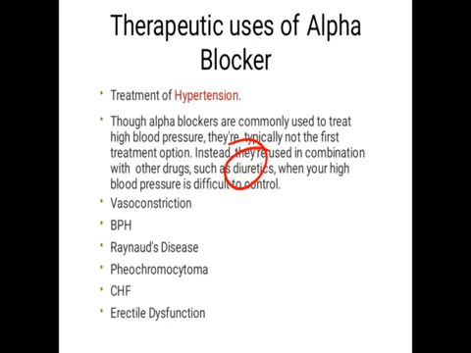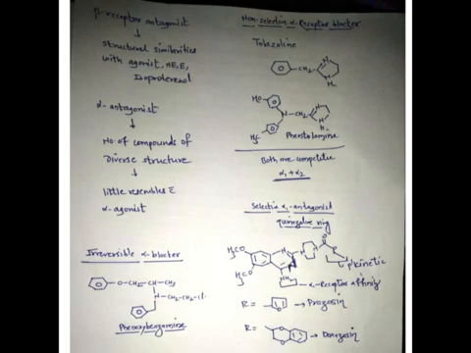They are also used for vasoconstriction, BPH, Raynaud disease, pheochromocytoma, CHF, erectile dysfunction. So for the treatment of all these diseases, we can use the alpha blockers.